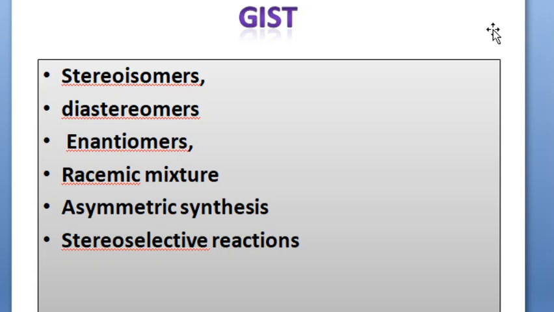We require knowledge of stereoisomers, diastereomers and enantiomers for understanding asymmetric synthesis, and we require knowledge of racemic mixture also. This is our earlier knowledge, but a recollection of it is also given in the curriculum.